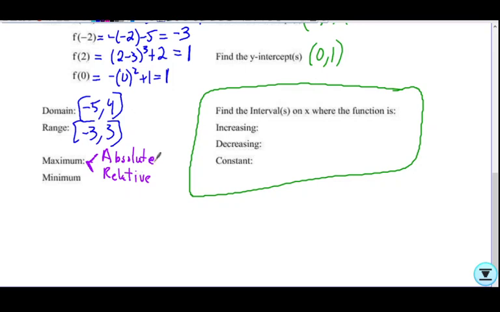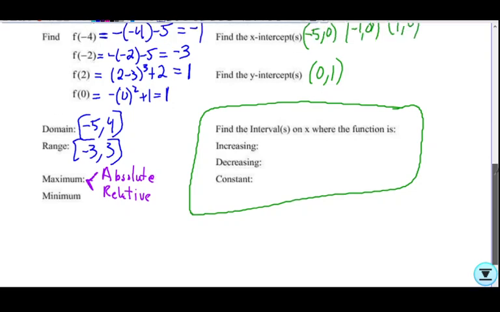And this is going to be important, okay? And I really need you guys to pay attention. Especially when we get to calculus, we're going to talk about this a whole lot more. Relative maximums or minimums mean in an area, like a small area. Absolute means throughout the entire thing, okay?